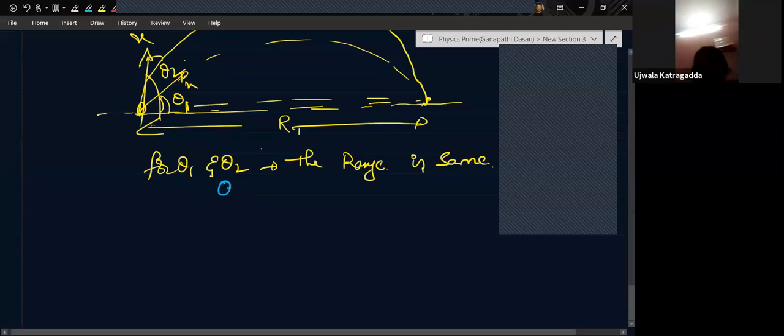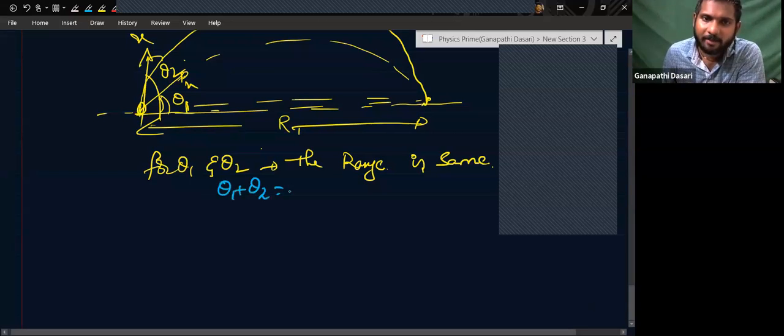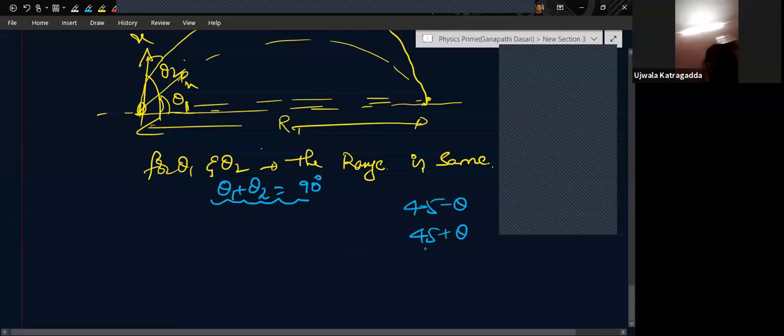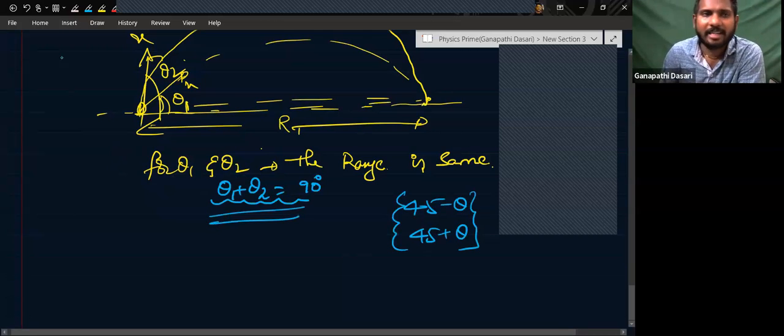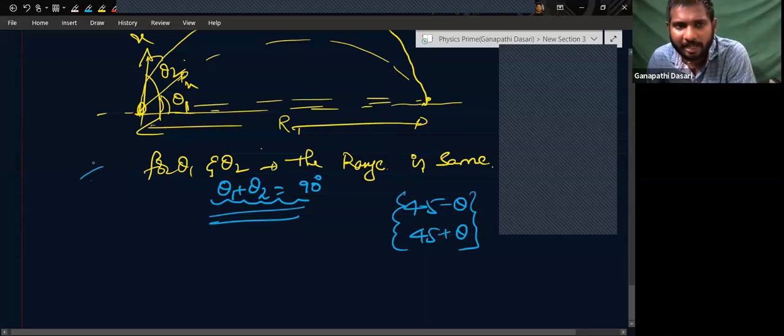Okay. The important result is theta 1 plus theta 2 is equal to 90 degrees. Sometimes these two thetas can be written like this also by the examiner: 45 minus theta, 45 plus theta. You add both of them, you'll get again 90. This is a very highly valuable point. You can take a note of it.